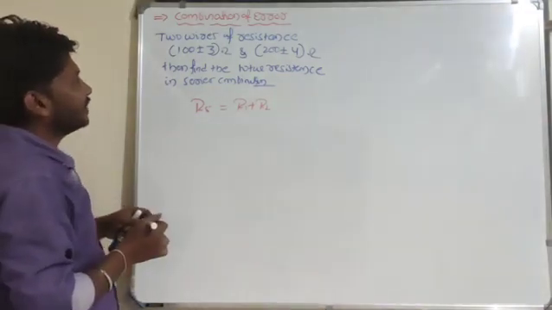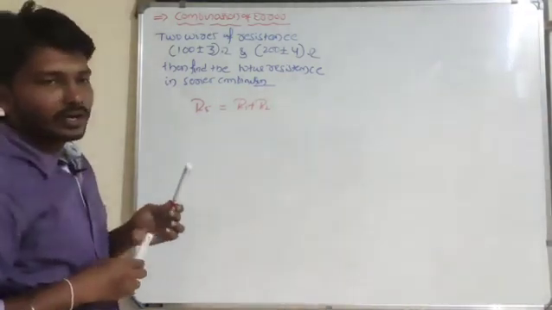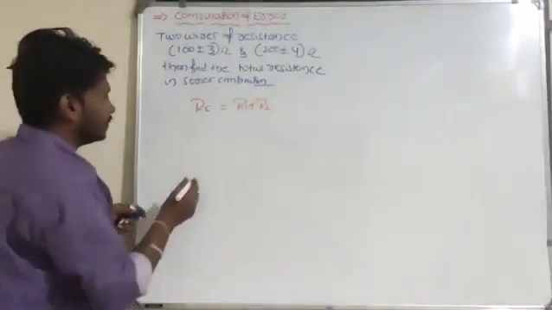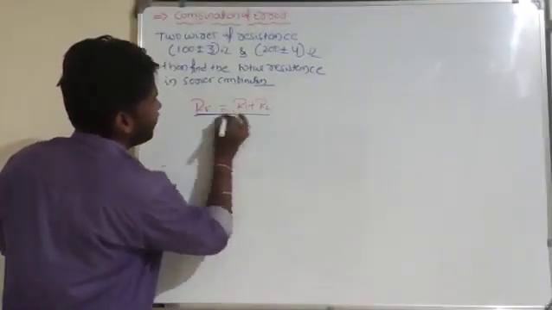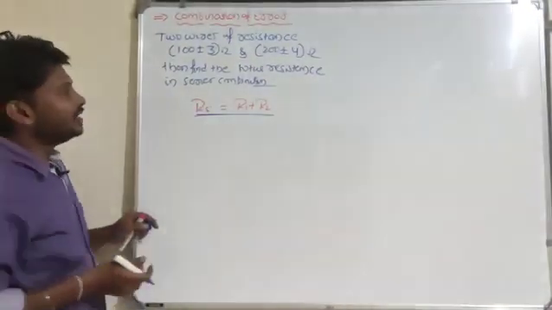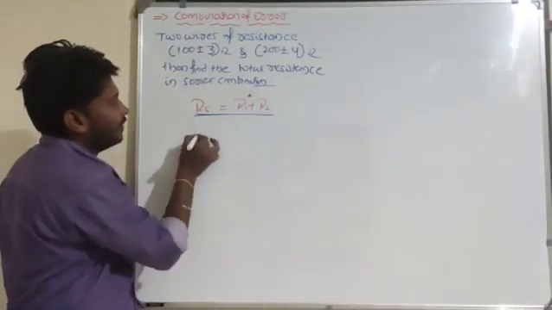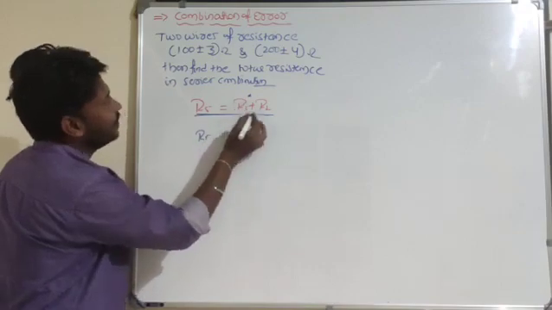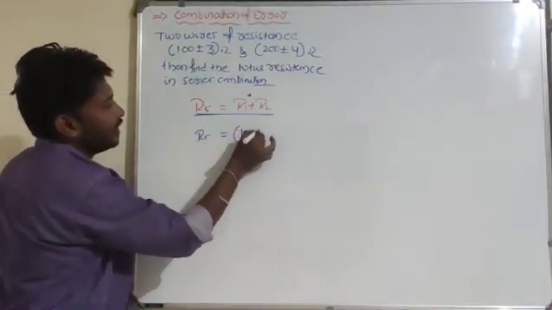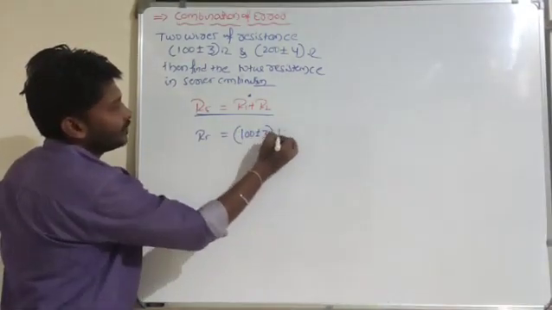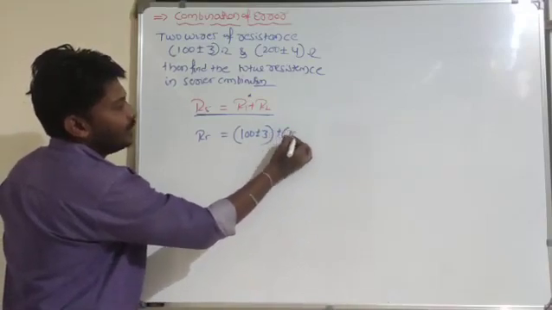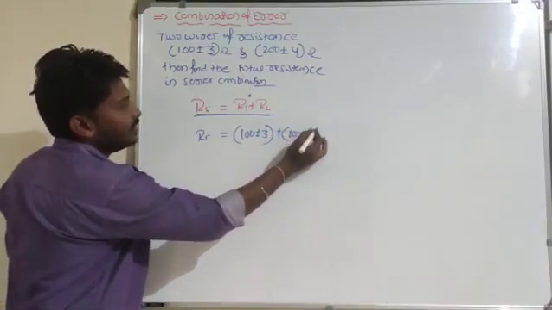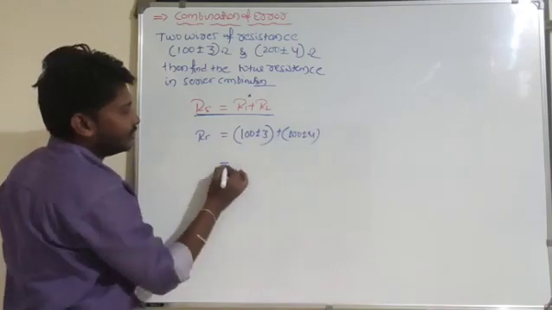Now I can find the total resistance. This is the connecting formula I mentioned. So total resistance R is equal to R1, which is 100 plus or minus 3, plus R2, which is 200 plus or minus 4.